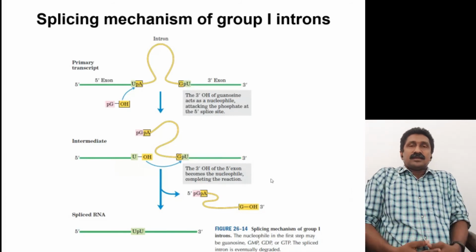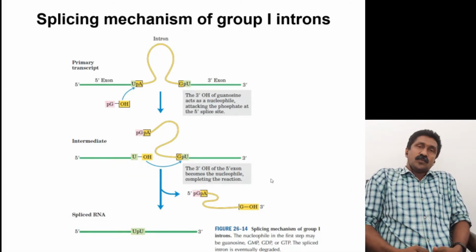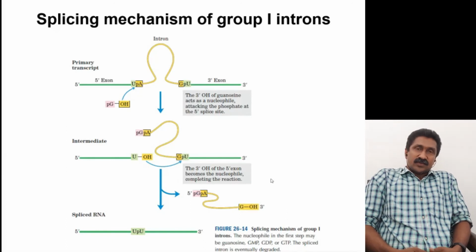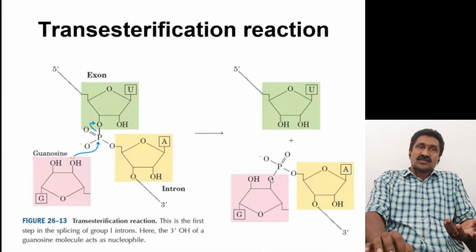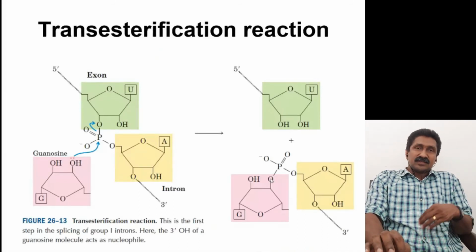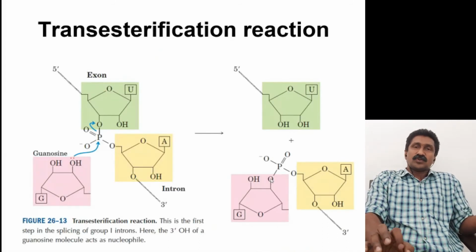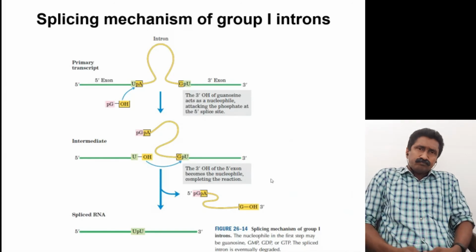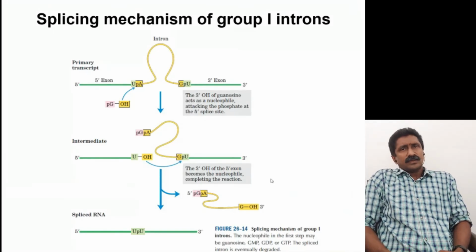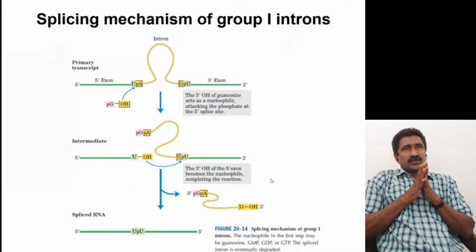Now we come to the splicing process of the group 1 and group 2 introns. If you understand the basic concept of the transesterification reaction and the transfer of the phosphodiester bond to the incoming free OH group, then you can come to the example of the group 1 introns.